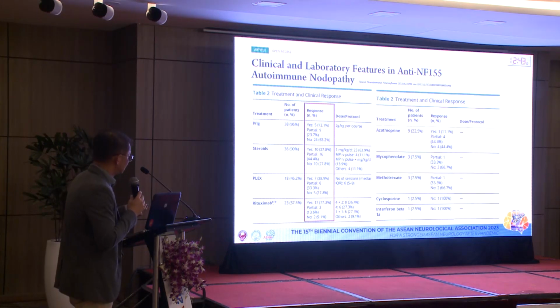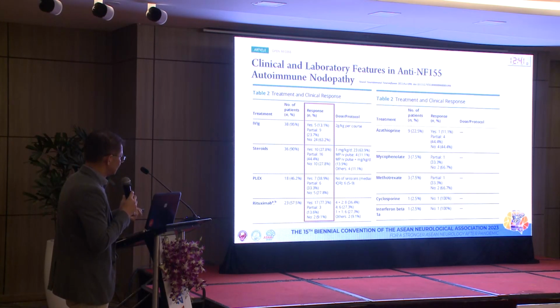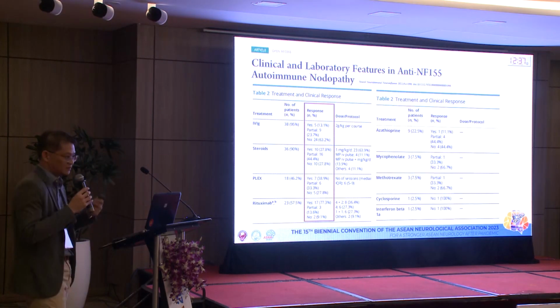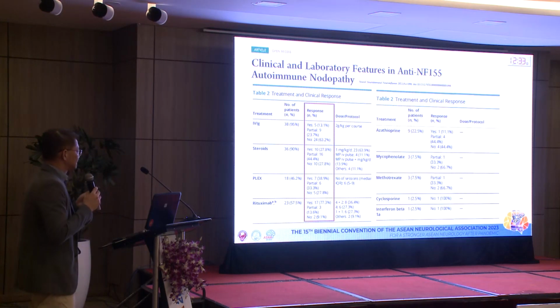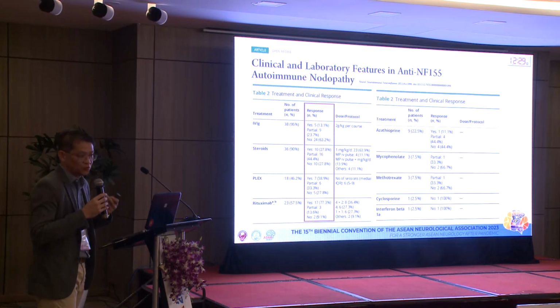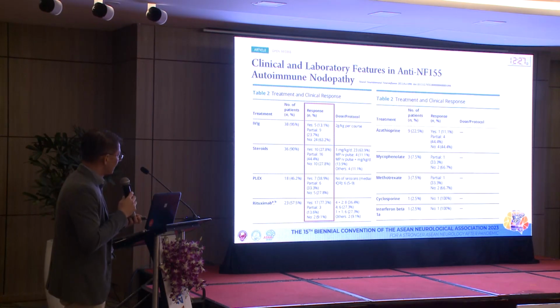But eventually, the majority of treatment will still need a B-cell suppressing agent, which is rituximab. But we know that some patients in this kind of autoimmune neuropathy do respond to plasma exchange.